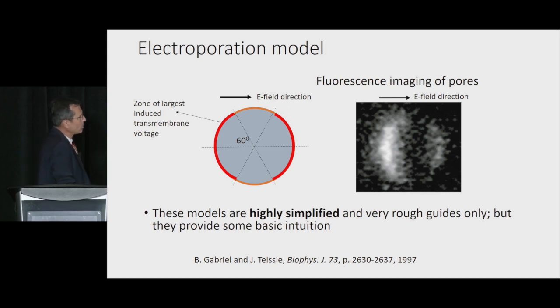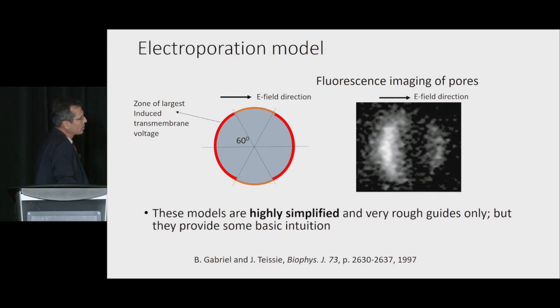This is showing you the area that will receive the largest amount of the electric field and the largest transmembrane voltage. This is showing you the same in fluorescence.